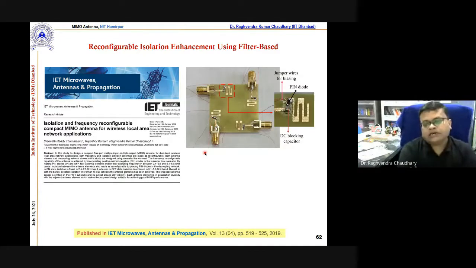The other best point is that the design is reconfigurable as well. It uses the same antenna at different frequencies. This is the first antenna, published in 2019, with the capability of good isolation as well as a reconfigurable system.